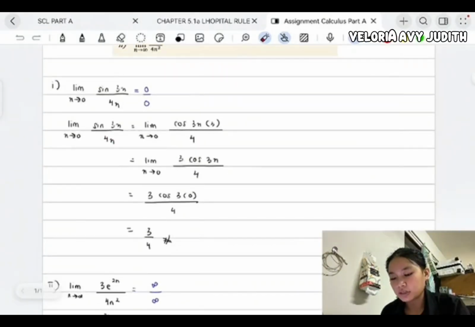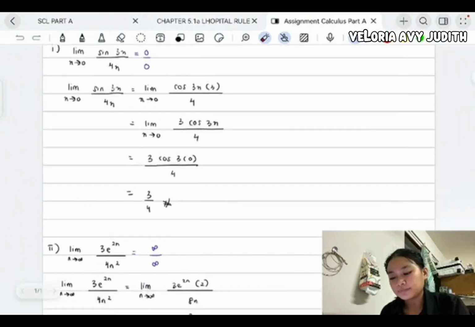So now the function we get is the limit as x approaches 0 of 3 cos 3x over 4. From this function, we can directly substitute 0, and we get the answer 3 over 4.